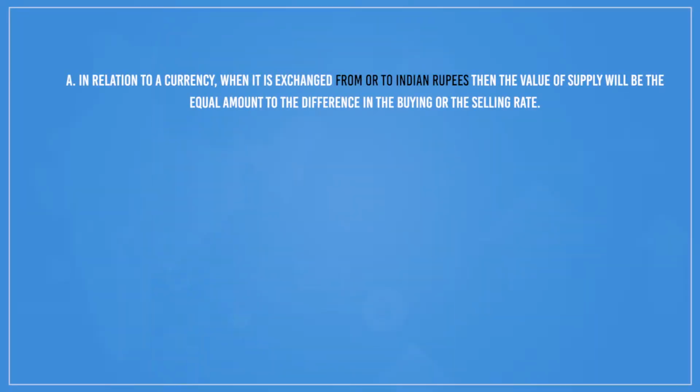Number 1, determination of value of supply when the transactions involved are purchase or sale of foreign currency including money changing. In such a case, value of supply is determined by the supplier in the following ways. In relation to a currency, when it is exchanged from or to Indian rupees, then the value of supply will be equal to the difference in the buying or the selling rate.